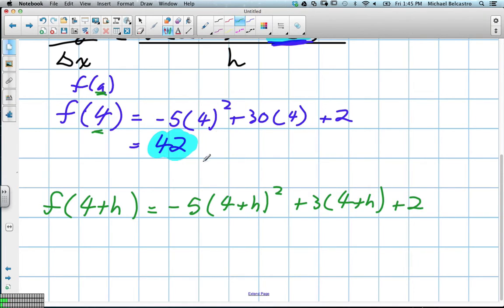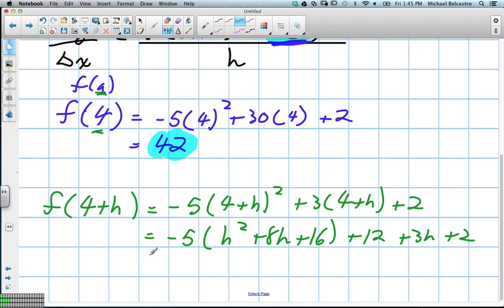We expand this: h squared plus 8h plus 16, plus 12 plus 3h plus 2, which becomes negative 5h squared minus 40h, negative 80, plus 12, 3h plus 2.